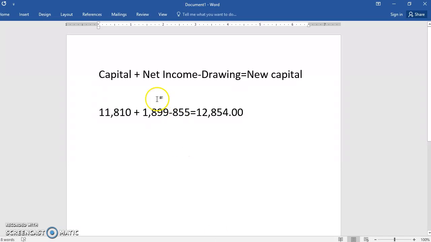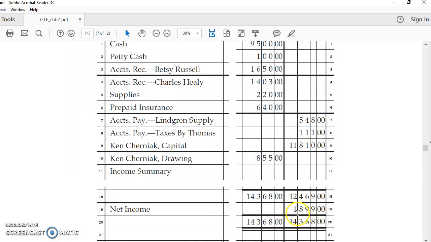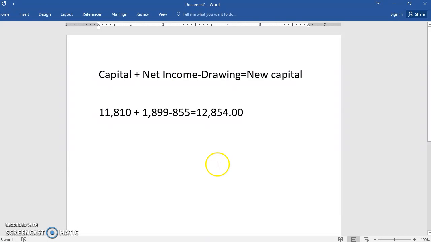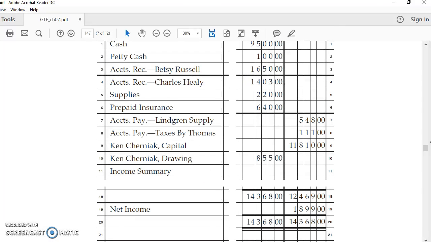So you're going to take $11,810, which is your capital balance, and you're going to add your net income. Your net income for this problem is $1,899. Then you're going to subtract your drawing, which is $855. Once again, subtract our drawing, which is $855.